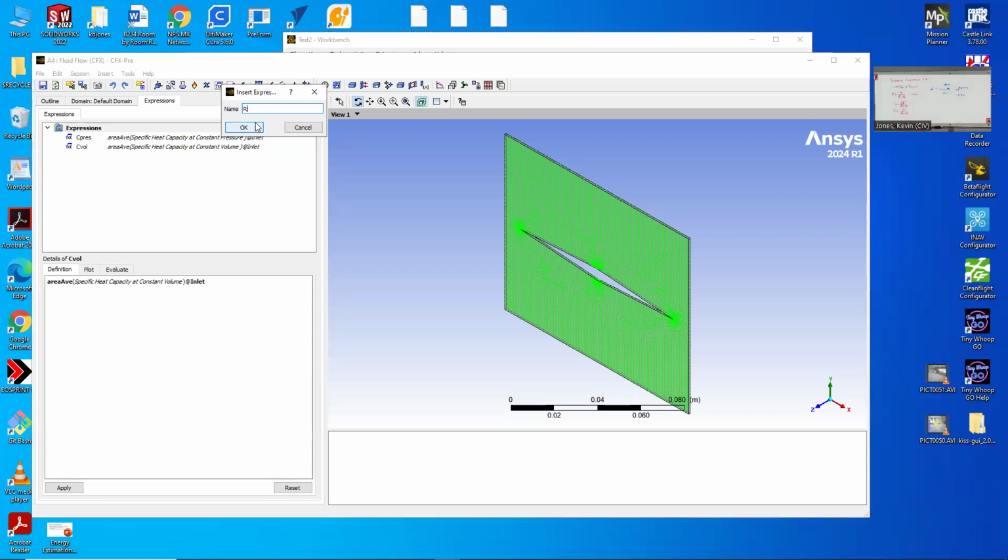R gas will be CP minus CV, C press minus C vol. And gamma is the ratio, C press over C vol.